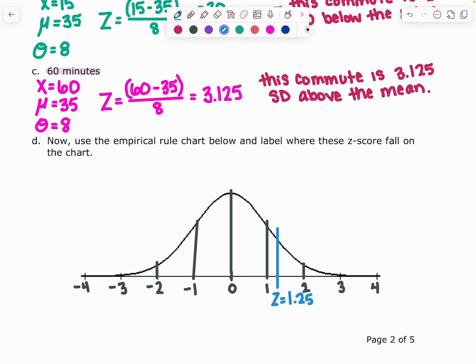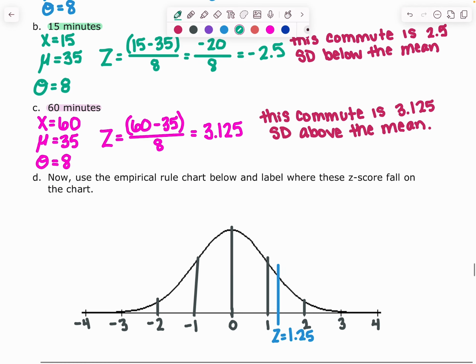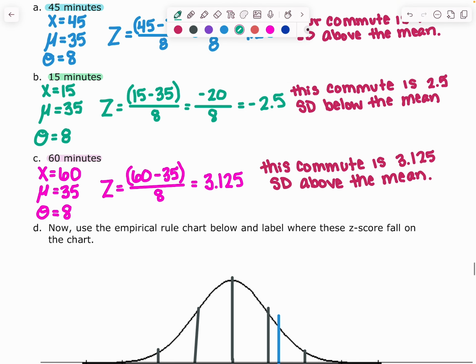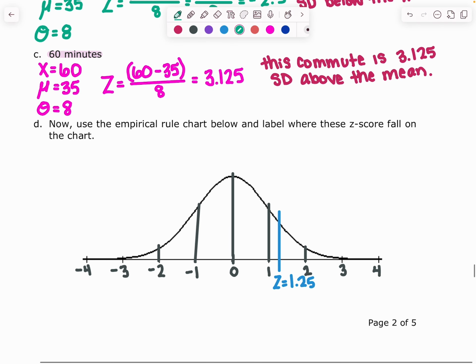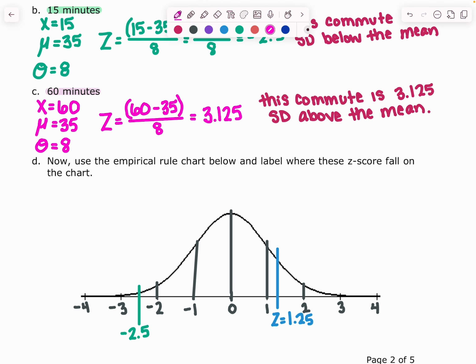The next one I did in green, and that was for x equals 15 minutes, and we ended up with negative 2.5. So now because it's negative, it's going to go on the left side of the middle, and it's going to go halfway between negative 2 and negative 3. Negative 2.5. And then our last one I have in pink.